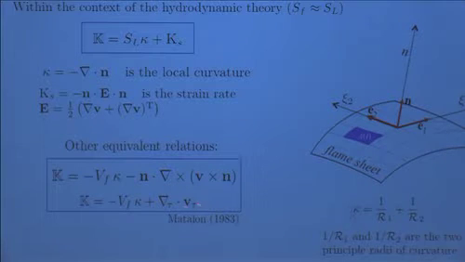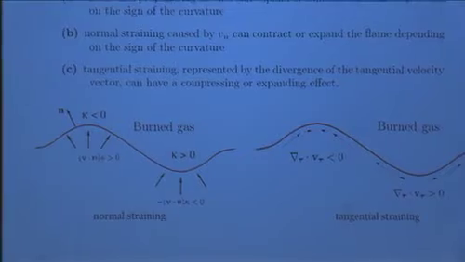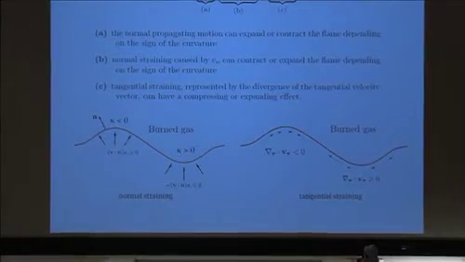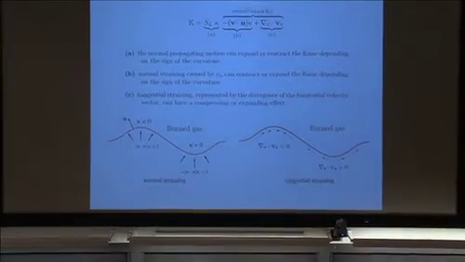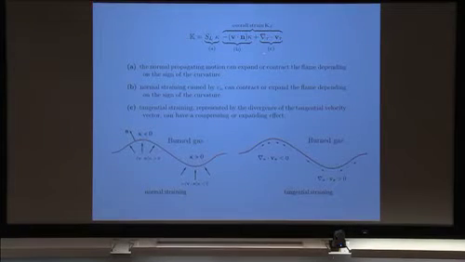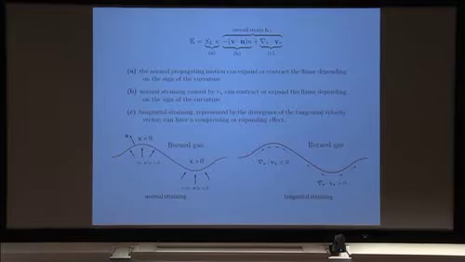So this is another way of putting it. Now, the two are equivalent because you see the strain rate, which is the last two terms in this expression, can be decomposed into a normal and tangential component. The normal component of the strain is proportional to kappa, which is the curvature, and the tangential part is exactly the gradient along the surface.